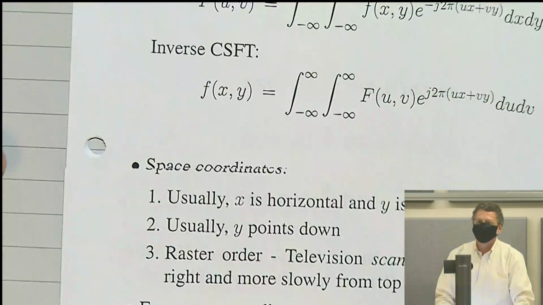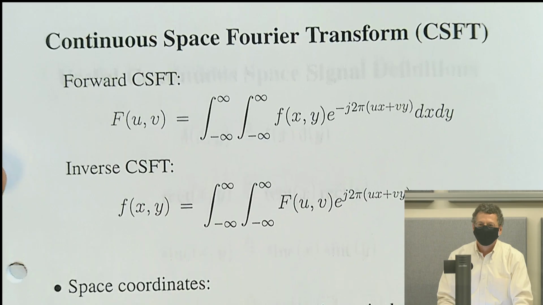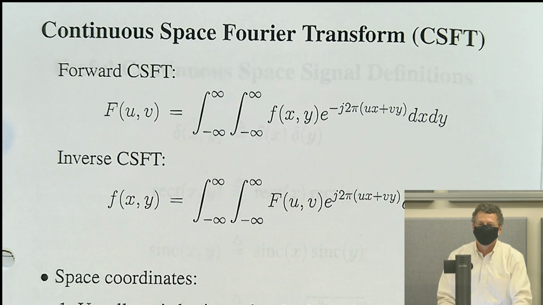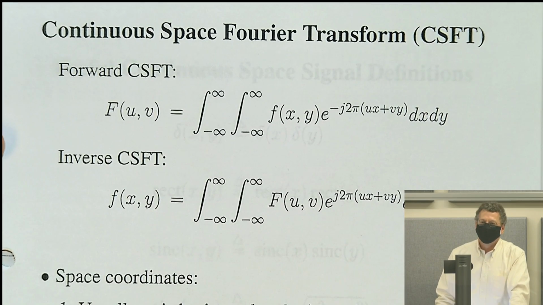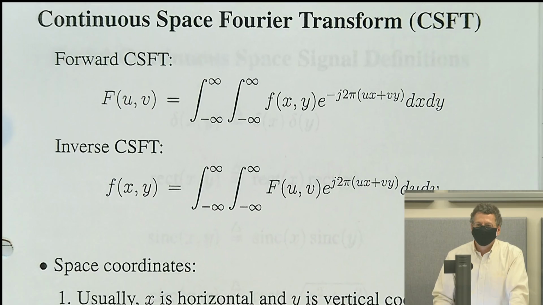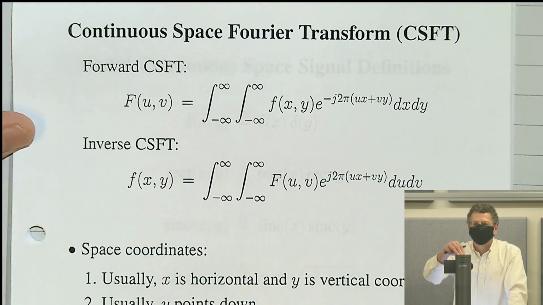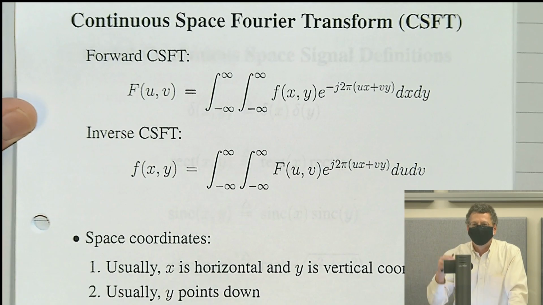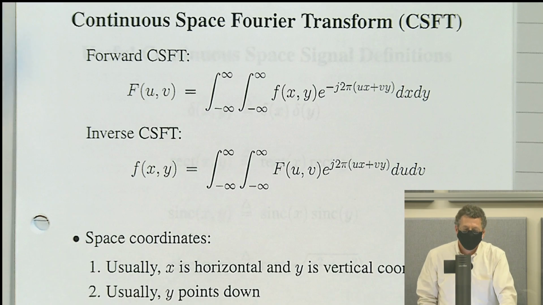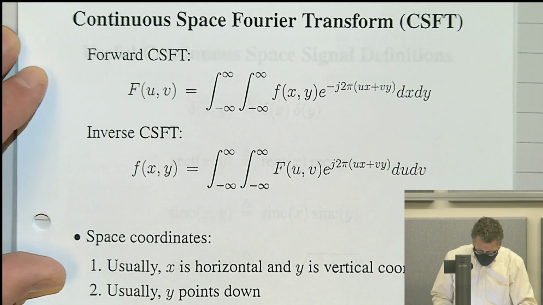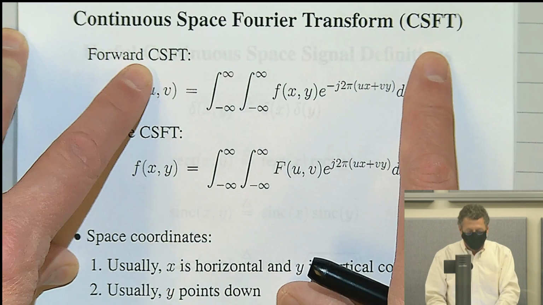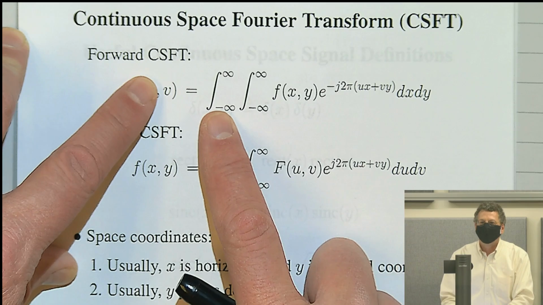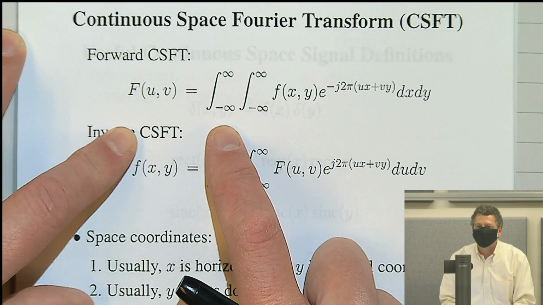Okay, now that we went through the entire undergraduate curriculum of linear systems in half of a lecture, what we're going to do is talk about its generalization to space, because this is an image processing course. So you can generalize the idea of a continuous time Fourier transform to space, okay? And it's pretty straightforward.